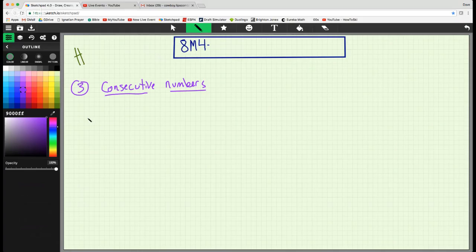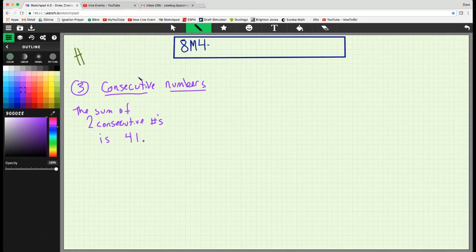Two consecutive numbers, the sum of which is 41. The sum of two consecutive numbers is 41. And the question is, what are the numbers?